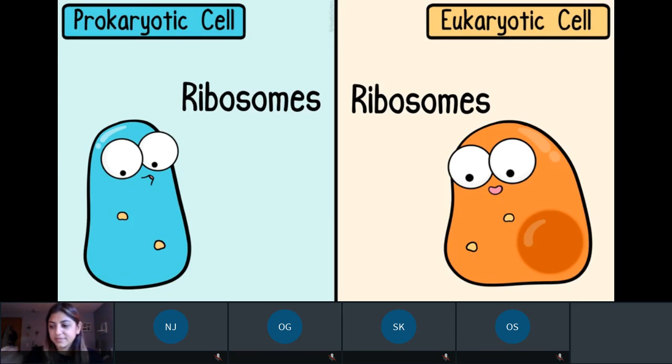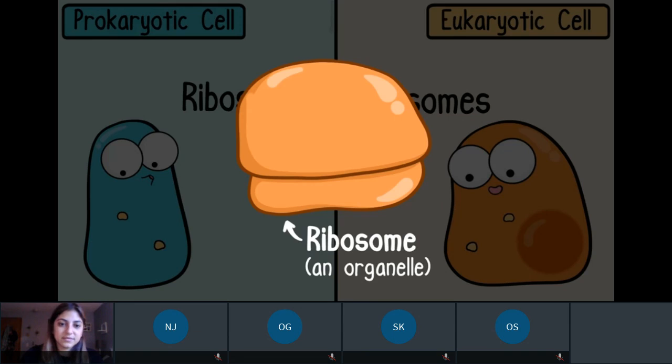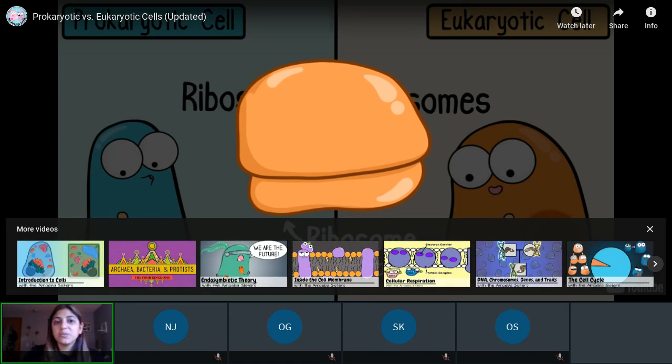Both prokaryotic cells and eukaryotic cells have ribosomes, which are small organelles. Ribosomes also are in common with the 2 of them. You're going to learn about this a little bit later, and in our small group, we're going to talk about organelles. But ribosomes are incredibly important for the function of your cells because they are the place where they make all of the things that you need for your body.